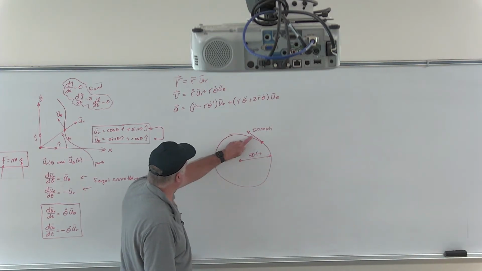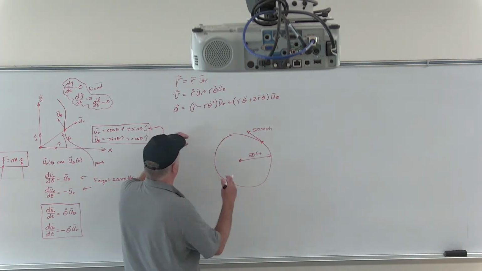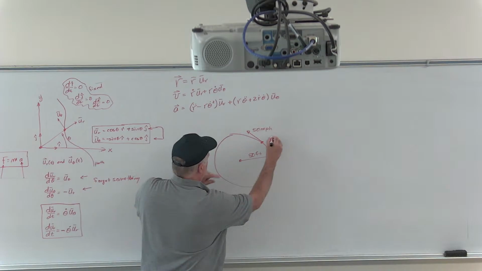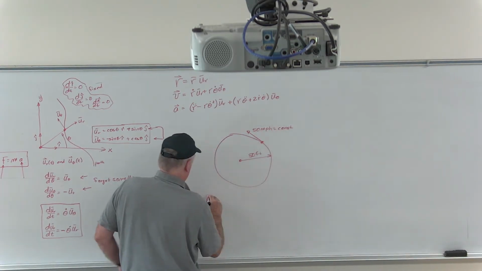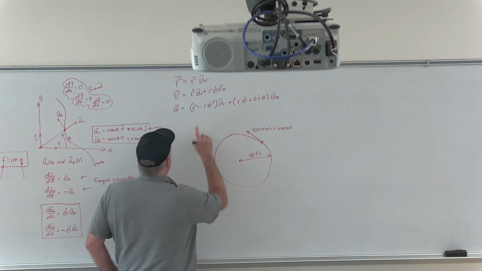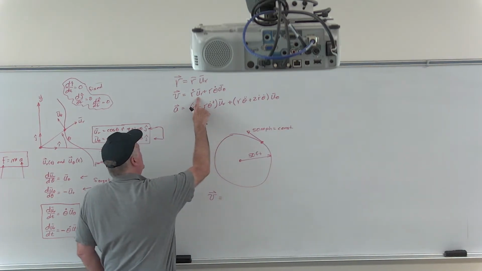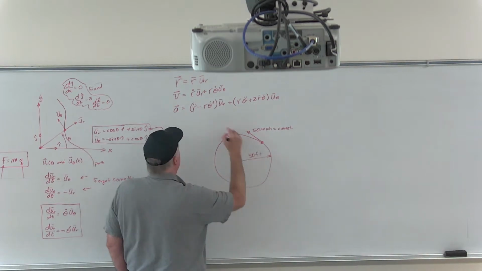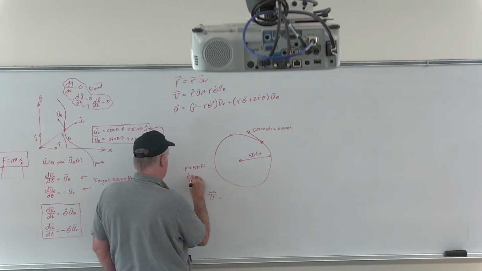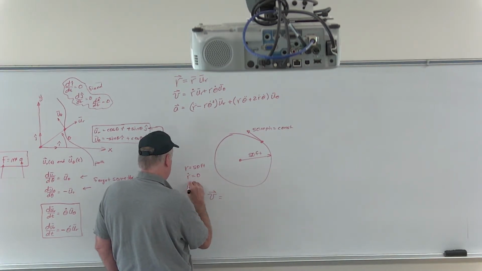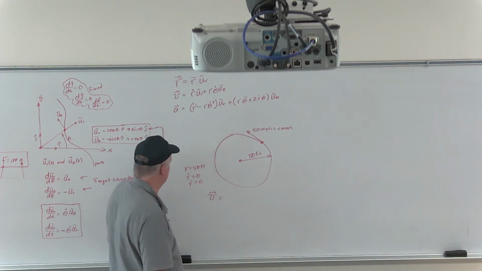Now, this time you already know, let's say your speed is equal to a constant. So if I were to write the velocity, I'd look up here and I'd say, I'm not changing my R. R is always 50 feet. So R is equal to 50 feet, R dot is equal to nothing, R double dot is equal to nothing. It doesn't change.